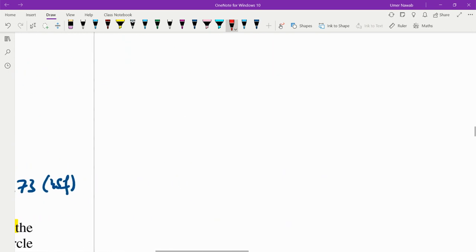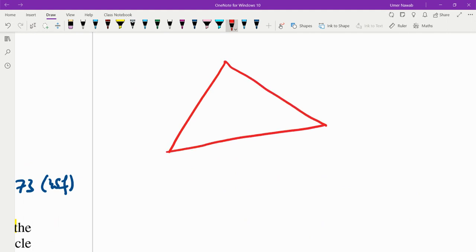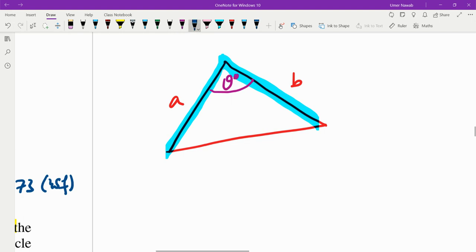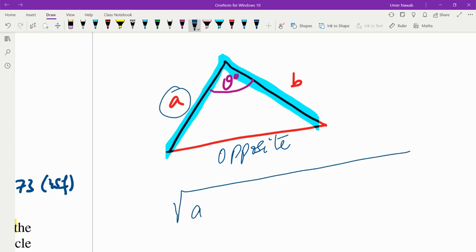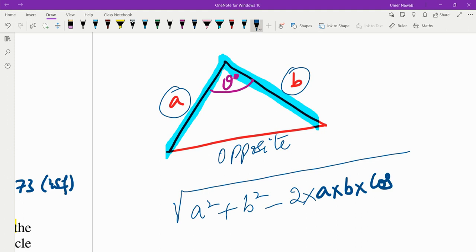Go back to trigonometry, guys. You remember, if two sides, the two arms, are known and the included angle is known, you can find the opposite side by using the cosine rule. So the opposite squared equals a squared plus b squared minus 2 times a times b times cosine of the angle between the two arms, which is theta.